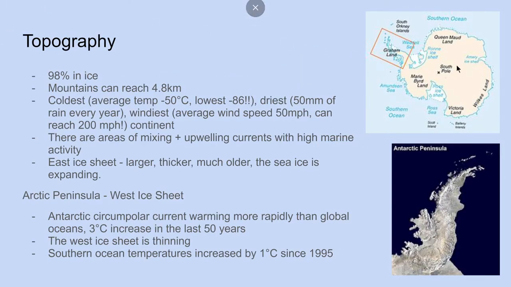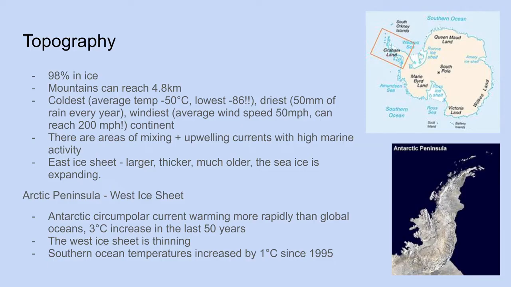Okay, so the topography in Antarctica. 98% of it is ice, the rest is just rock. The mountains can reach 4.8 kilometers. It's one of the coldest, driest, and windiest continents.